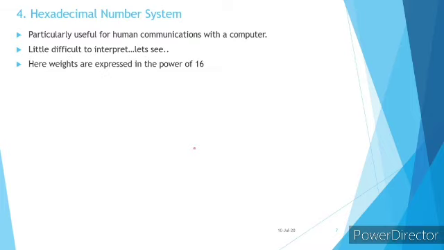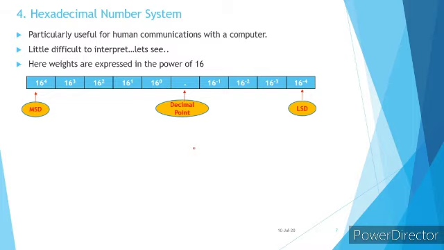Okay, so here weights are expressed in powers of 16. So 16 raised to 0, 16 raised to 1, 16 square, 16 cube, 16 raised to 4, as we move to the left side of this decimal point, and 16 raised to minus 1, 16 raised to minus 2, 16 raised to minus 3, as we move to the right side of this decimal point.